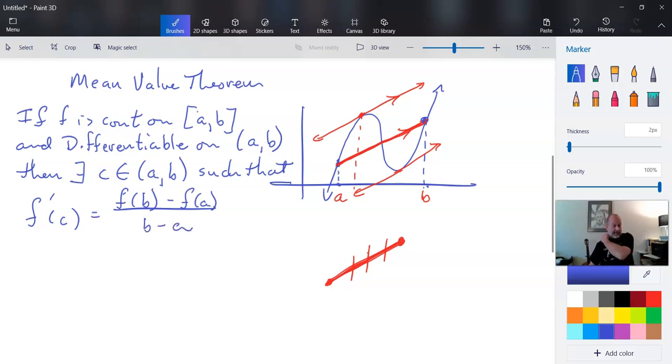That's what we looked at in chapter 2, something like that, a little ways back. This is your instantaneous rate of change, and this is your average rate of change. It's saying that if you have a continuous function and you can take the derivative everywhere on the interior of that interval, then the average change over the interval is represented by some value on the interior of that interval.